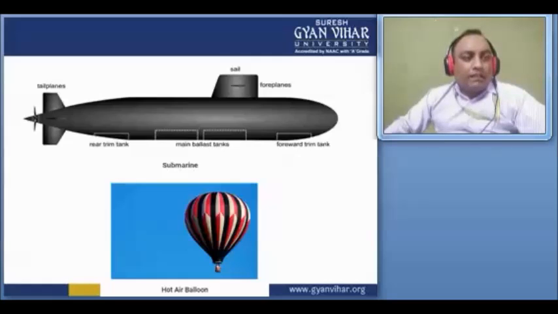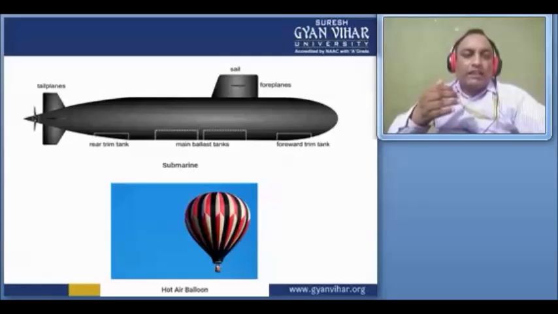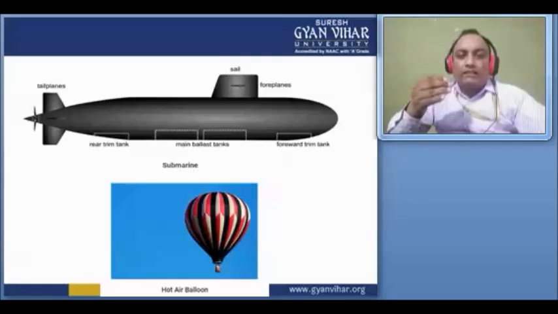A submarine has different types of tanks, and these tanks give control of its position and depth from the surface of the sea.